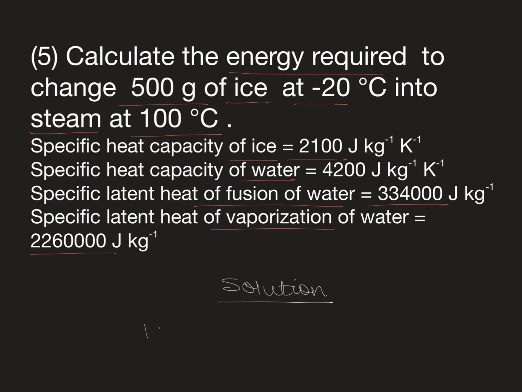Solution: we have ice that is initially at minus 20 degrees Celsius that is to be converted to steam at 100 degrees Celsius. So we will move on to draw the heating curve in order to know the stages of this transformation.